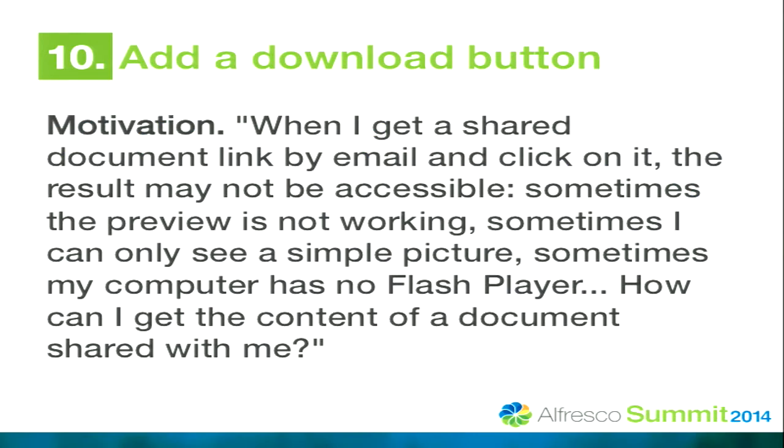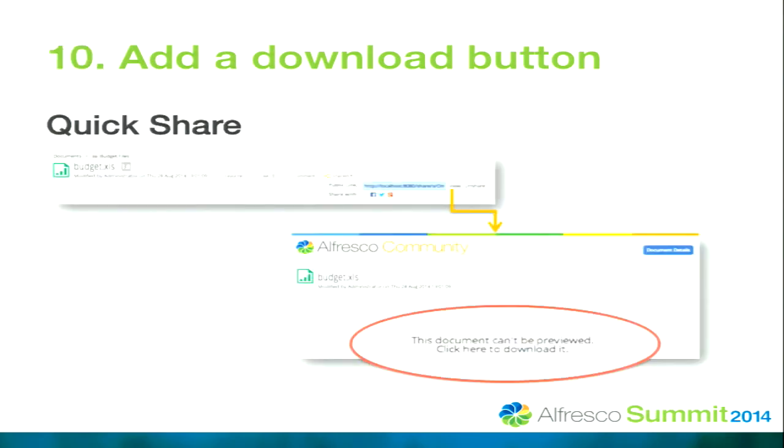The first one, or the 10th, is to add a download button. The quick share functionality allows us to share documents with people who are not on our site, or even who are not on Alfresco. But we have some problems in this case. If you have no Flash on your browser, this is the message you get, so you cannot read the content which is shared.